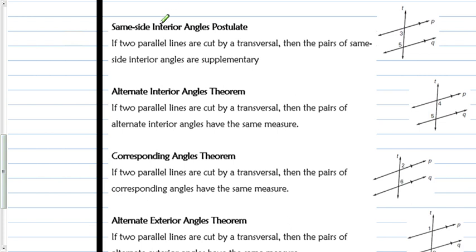We've talked about these different types of angles, and now we're going to actually work with postulates that relate to them. So the same side interior angles postulate says if two parallel lines are cut by a transversal, then the pairs of same side interior angles are supplementary. And again, what does the word supplementary mean? It means that it adds up to 180 degrees.